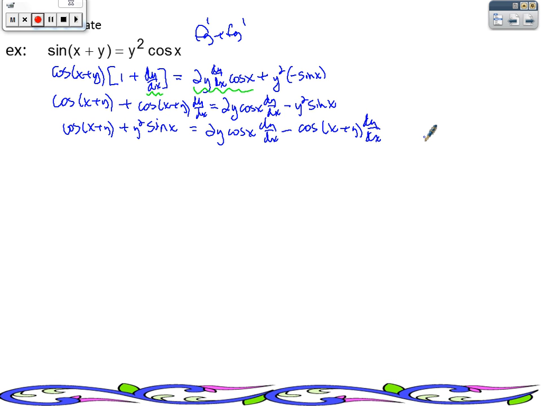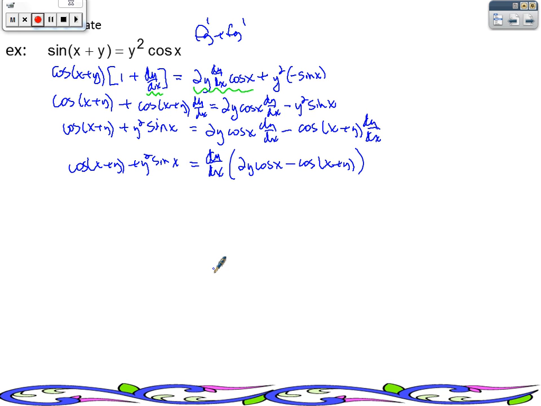So I need to isolate the dy dx. Factor it out, right? So we factor out the dy dx. And we didn't do anything to the other side.